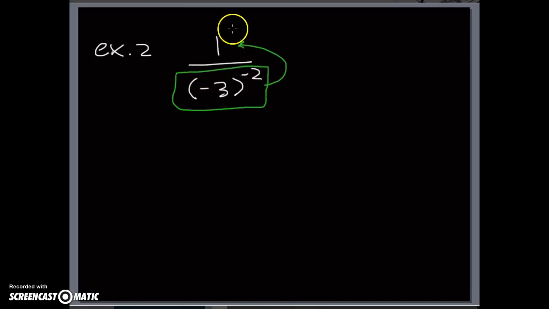So I'm going to move it into the numerator. So I can now write negative 3 to the positive second power. What takes the place of the expression I just moved? Simply just a 1. We don't need to write things over 1 because we know that negative 3 to the second power divided by 1 is just going to be negative 3 to the second power.